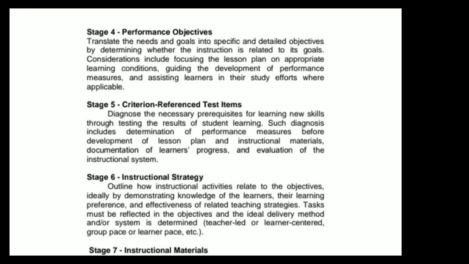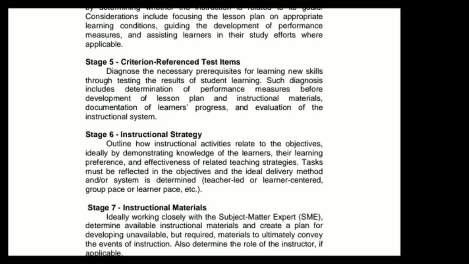Stage 4: performance objectives, translate the needs and goals into specific detailed objectives by determining whether the instruction is related to its goals. Stage 5: criterion referenced test items, diagnose the necessary prerequisites for learning new skills through testing the result of student learning. Such diagnoses include determination of performance measures before development of lesson plans and instructional material.